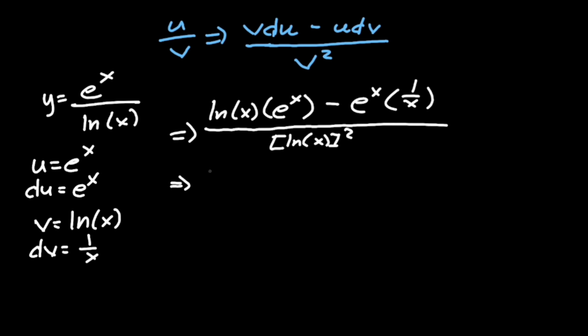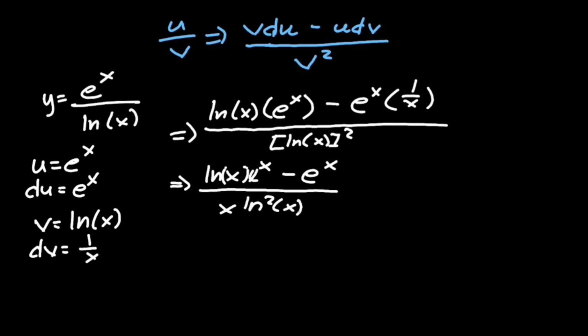Simplify this, we will get ln of x times e raised to the power of x minus e raised to the power of x, over x multiplied by ln squared of x.